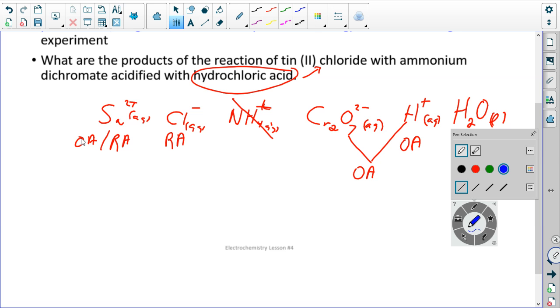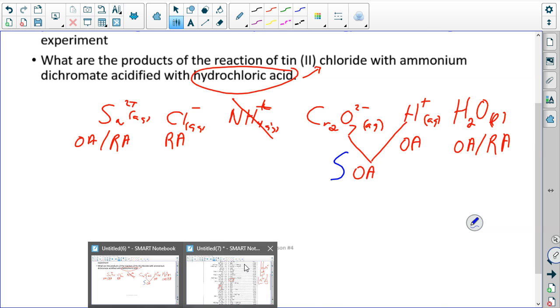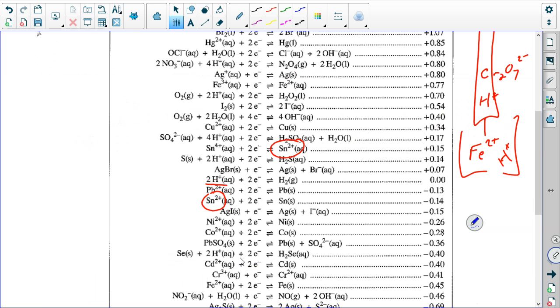Now, looking at our chart, again, I'm going by my chart in my head. The dichromate is the strongest oxidizing agent. We have 3 reducing agents. We have tin 2, we have water, and we have chloride.